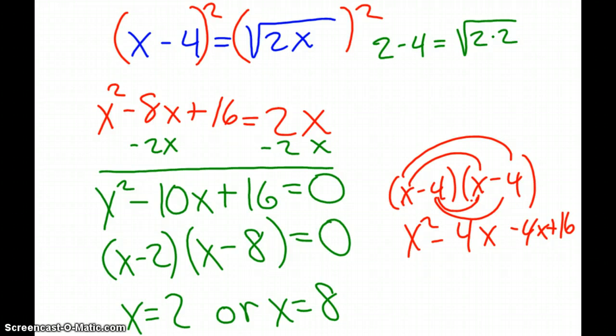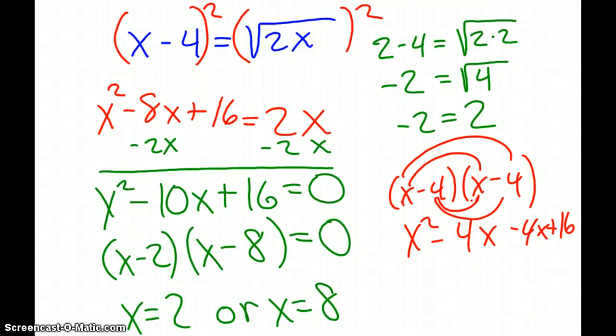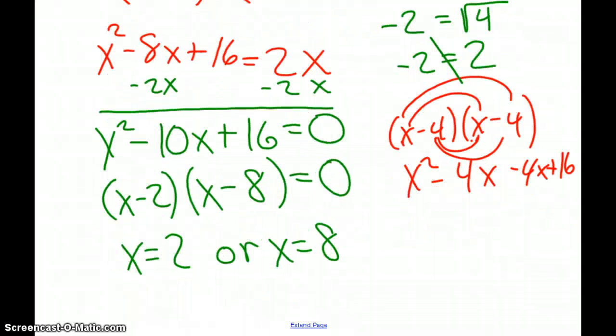Now, 2 minus 4 is negative 2. 2 times 2 is 4, so I get negative 2 equals 2. This is a problem. This actually does not work. Negative 2 does not equal 2. So therefore, this is not a solution.